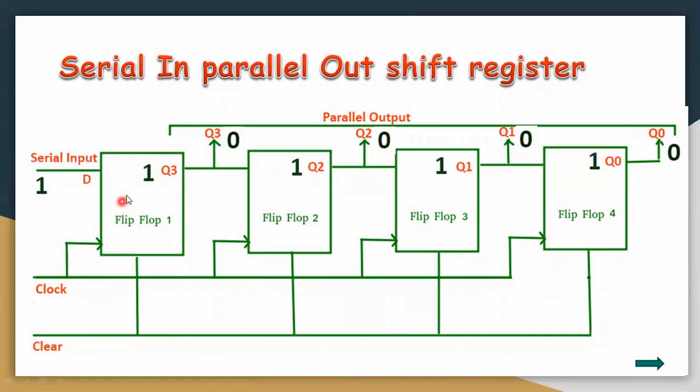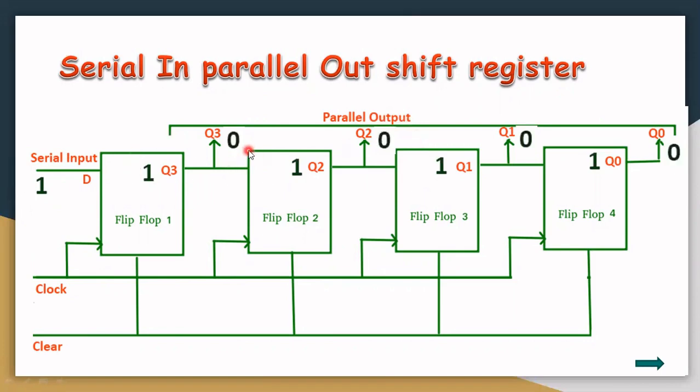After the fourth clock pulse, all the bits end up here as 1, 1, 1, 1, stored in each flip-flop. And in the next clock pulse, we get all data which is stored in the flip-flops simultaneously at the output. Therefore, it is called a parallel output.